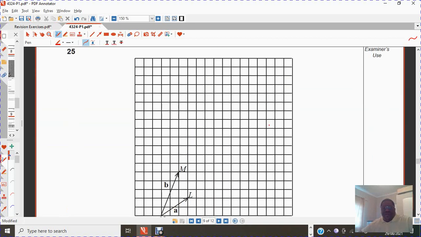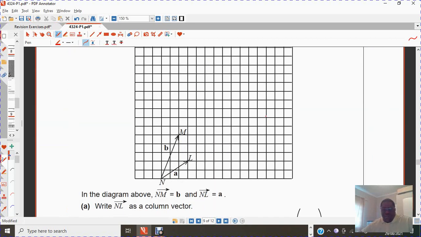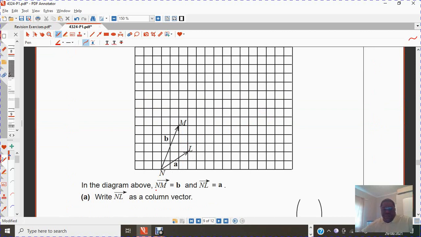Right, question 25, we have got some vector questions, and they say in the diagram, NM is represented by B. So vector NM, maybe I should just write what vector NM is in terms of a column vector. So N to M, look at the arrow, it points that direction. It's 2 across, and then 1, 2, 3, 4, 5 up. So it's 2, 5.